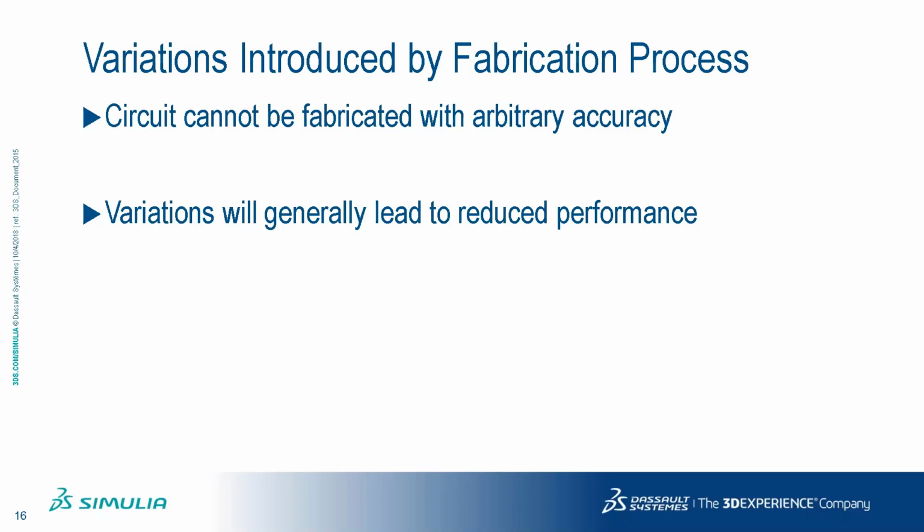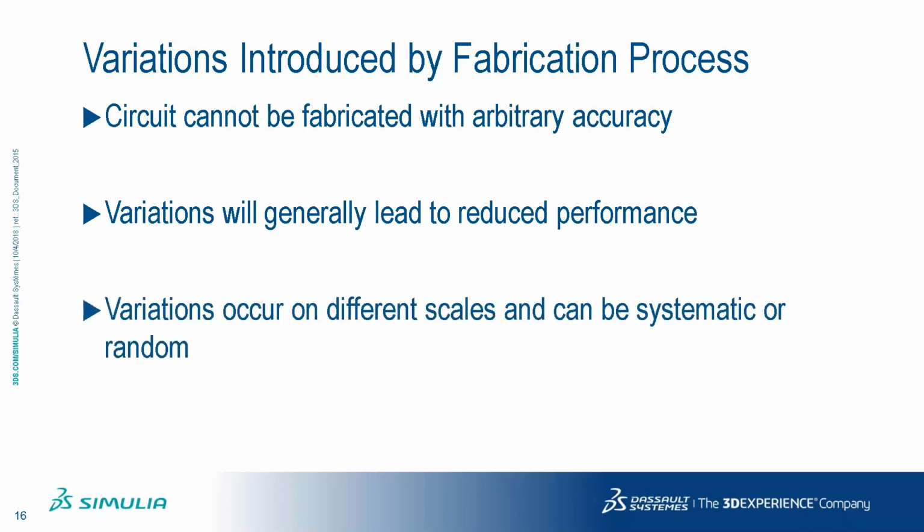Now what you need to do is study how this reduction in performance will affect your overall production, because you typically don't produce just one circuit, but you produce 1,000, 10,000, 100,000, 1 million. So there's basically two steps now. The first is to identify different scales and whether the variations are systematic or random.